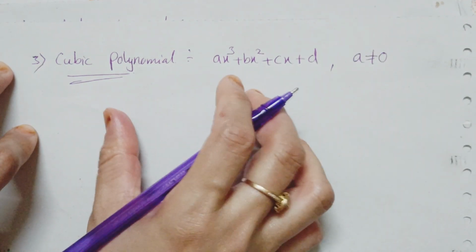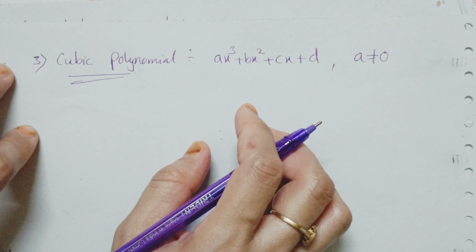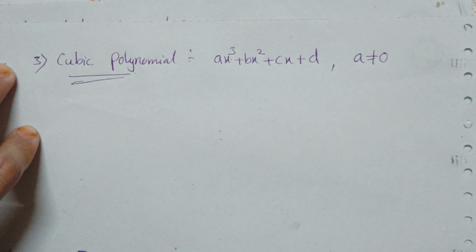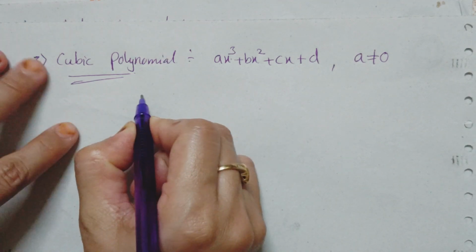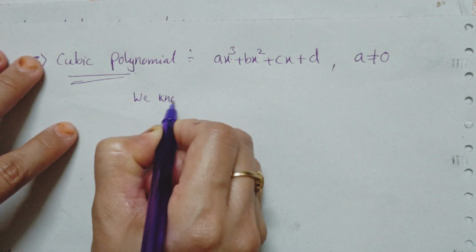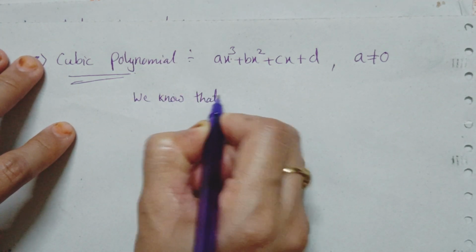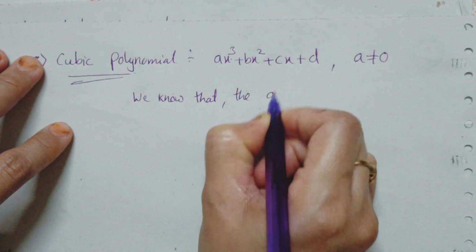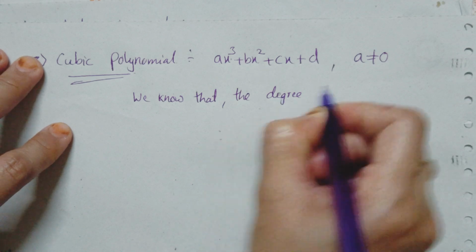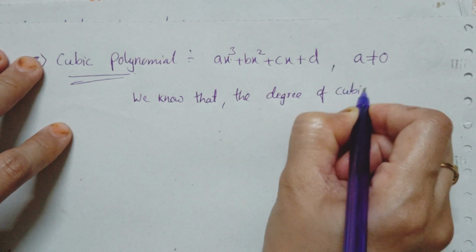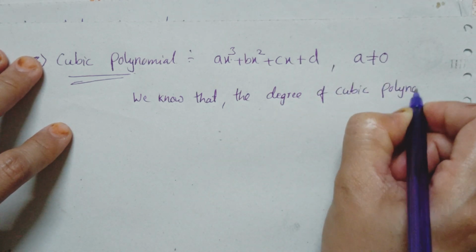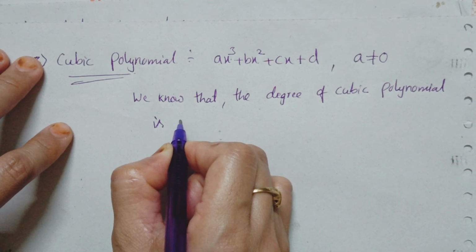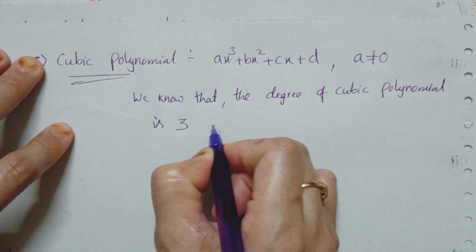We all know that for a cubic polynomial, as the degree is 3, we'll get 3 zeros. Let me write here. We know that the degree of a cubic polynomial is 3.